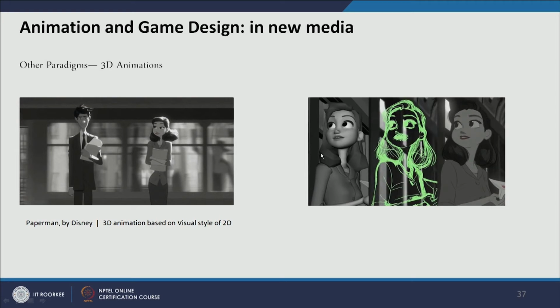Using a particular software, they have translated the 3D volume into 2D lines, and then the final animation looks like a 2D animation. But by adopting the methodology of 3D animation, they have generated a style of 2D animation.